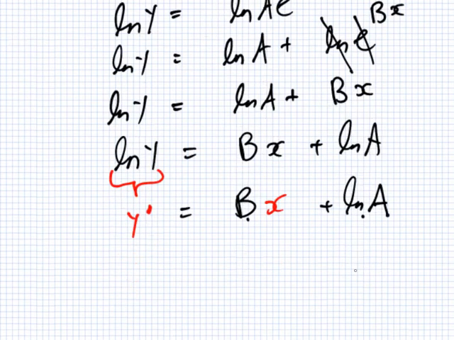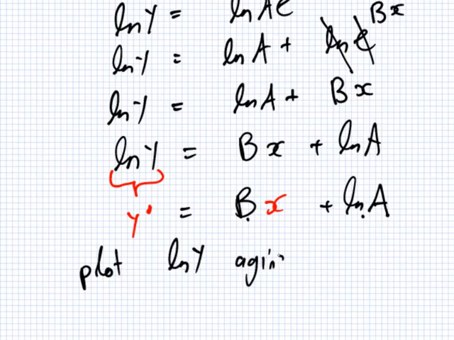So if I said plot log y against x, your graph will be a straight line now. If you use log y instead of y as your point, you'll get a straight line.